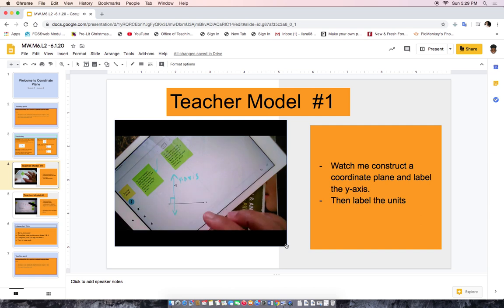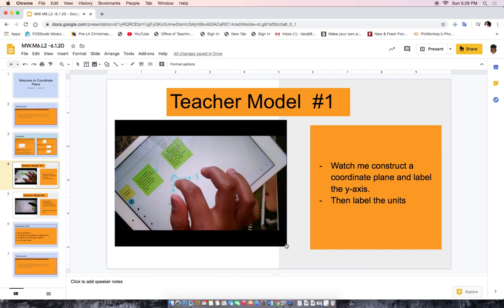So here, I'm going to put 0 here because that's my point of origin. 1, 2, 3, 4. You know what? I'm going to do this again. Leave my 0 there. Here's 1, 2, 3, 4. Okay? And I'm going to do the same here. 1, 2, 3, 4.